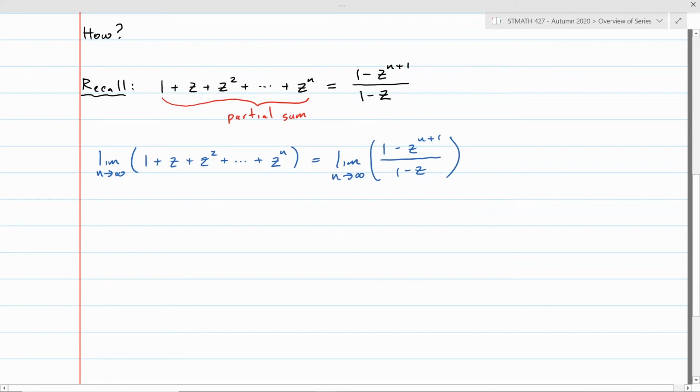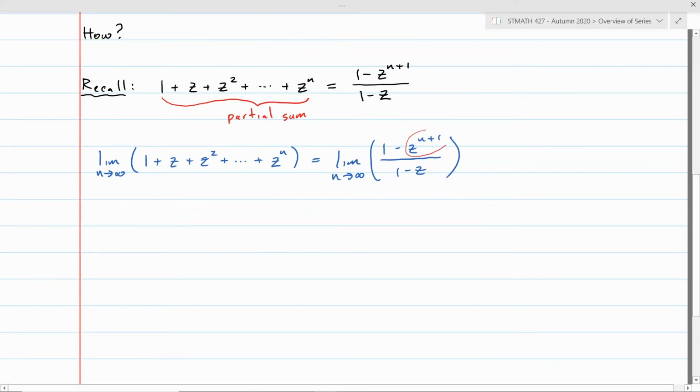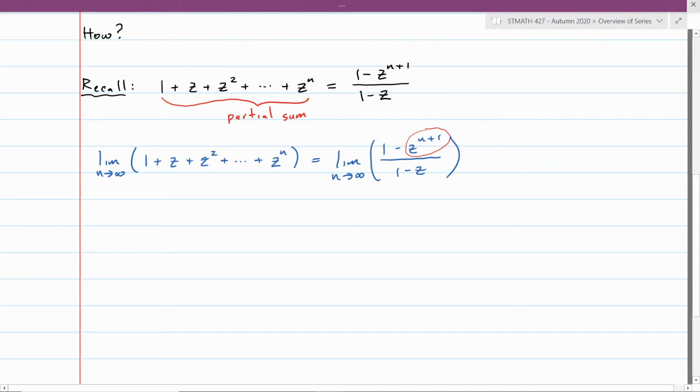To think about that limit, there's only one term that involves n. It's this z to the n plus 1 term here. All the rest of the terms of that fraction are just constants with respect to n. So we can consider a few different cases.